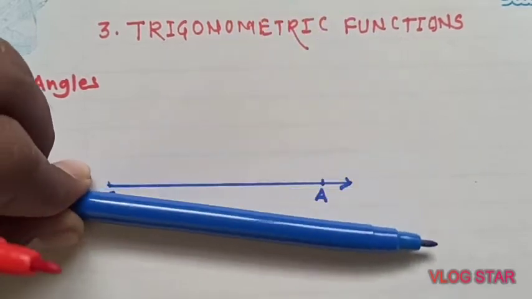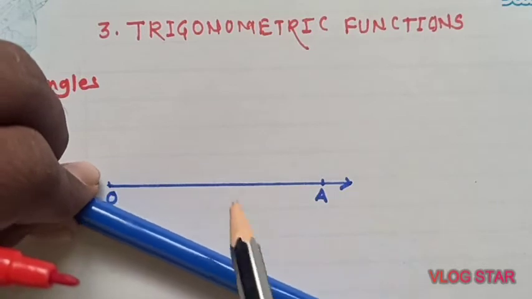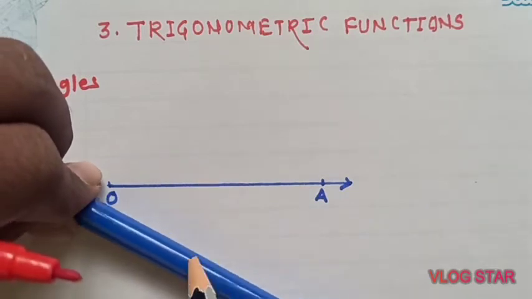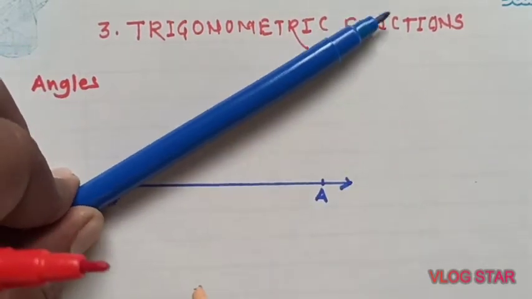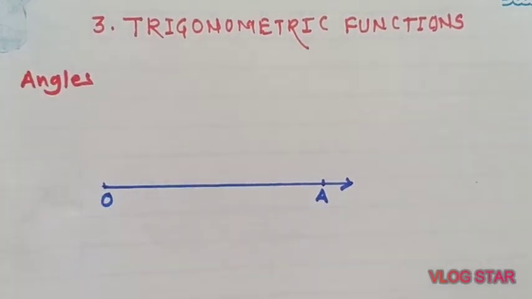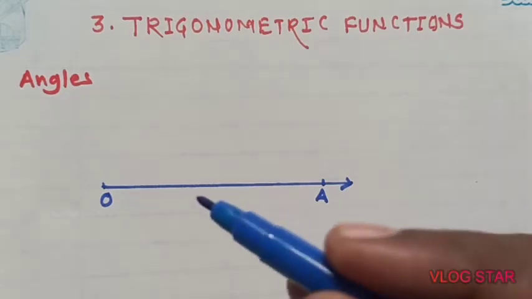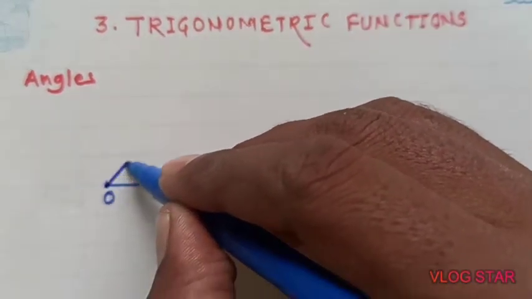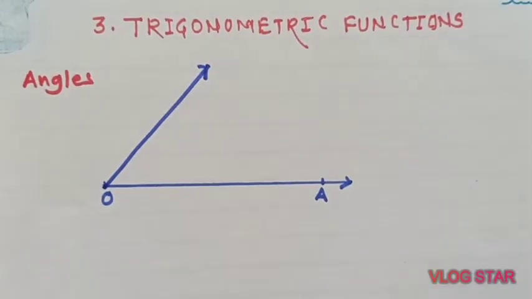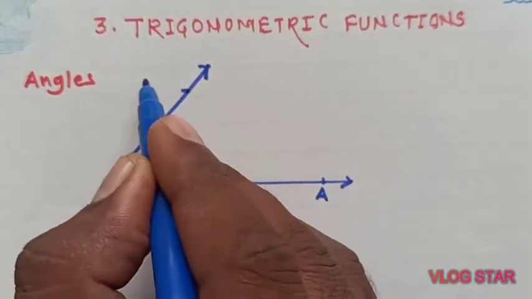Your rotation may be downward this side, in which case your rotation is clockwise, or anti-clockwise. So how do we decide whether it is a positive angle or a negative angle? For that we need another arm, which we call the terminal arm.